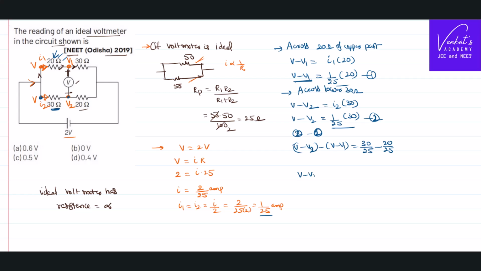So V minus V2 minus V, minus of minus becomes plus V1, equals, 25 is the LCM, 30 minus 20 is 10. So this V and V will cancel. What is remaining is V1 minus V2 equals 10 by 25, that is 2 by 5, that is 0.4 volts. That's the answer for the problem.